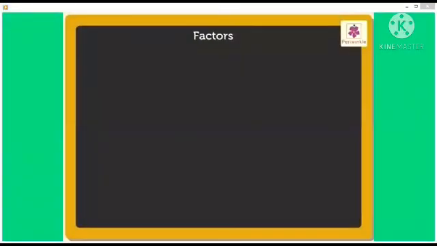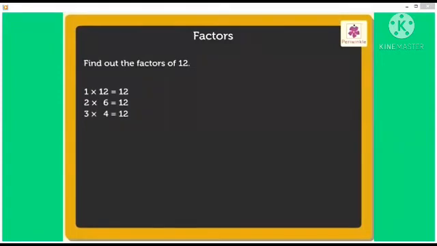First, let us understand what we mean by the factor of a number. Let us take the number 12. To begin with, let us find out the pairs of numbers that give 12 as their product. 1 into 12 is equal to 12. 2 into 6 is equal to 12. 3 into 4 is equal to 12.